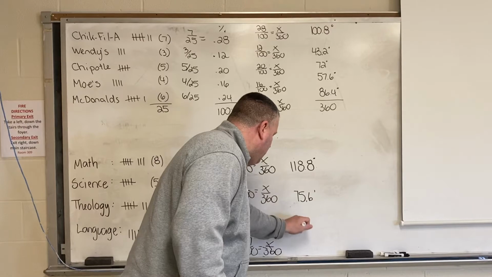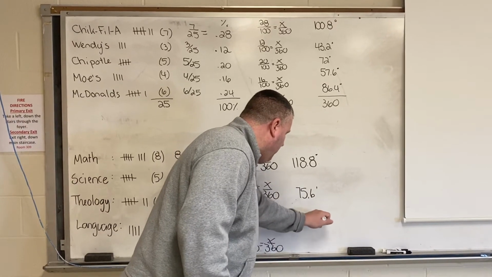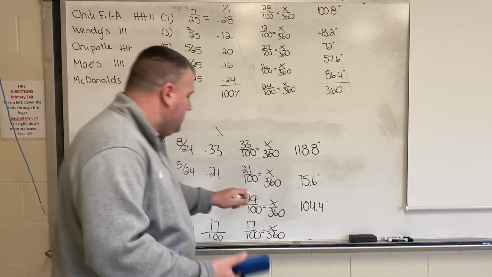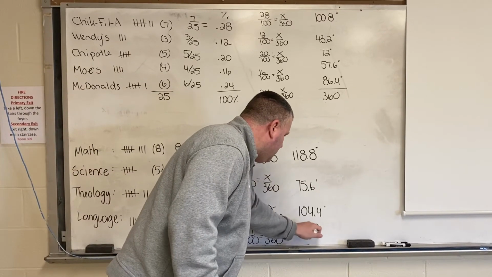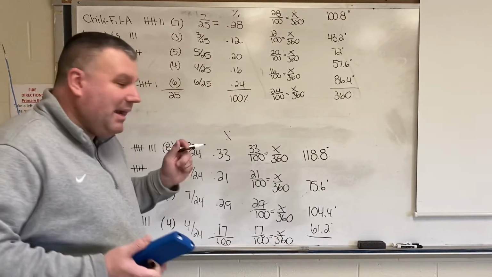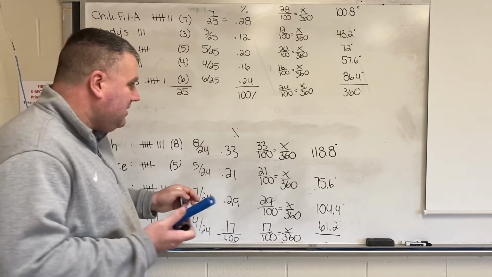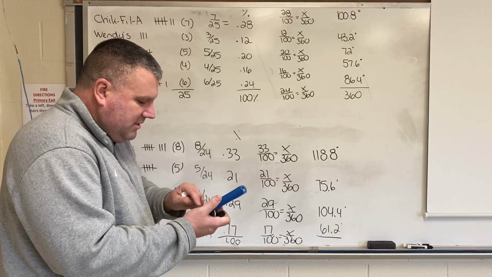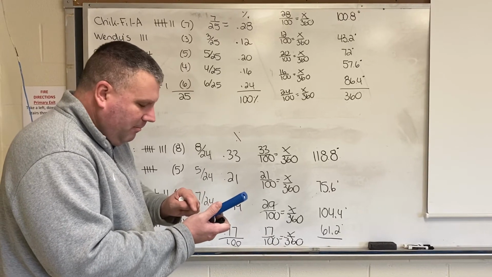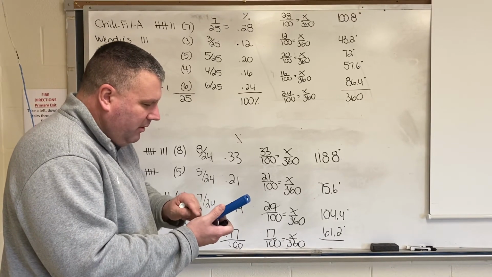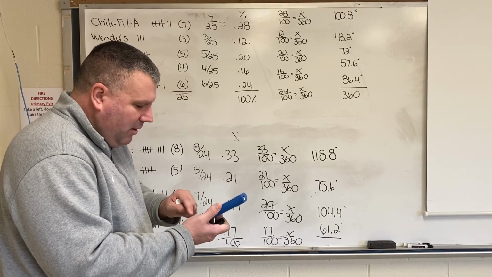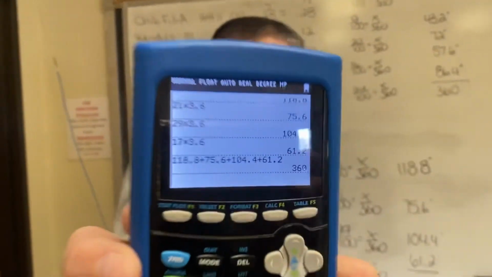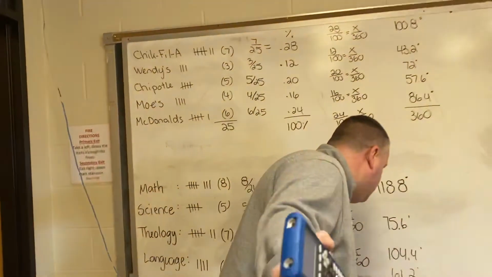This is 104.4 degrees. And this is 61.2 degrees. Now I'm going to add them up. My target is 360 degrees. So we have 118.8 plus 75.6 plus 104.4 plus 61.2, which is equal to exactly 360 degrees.